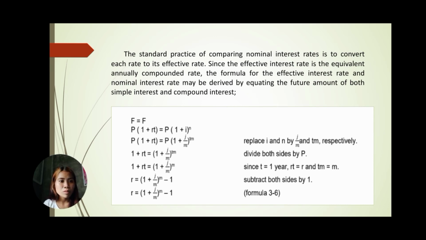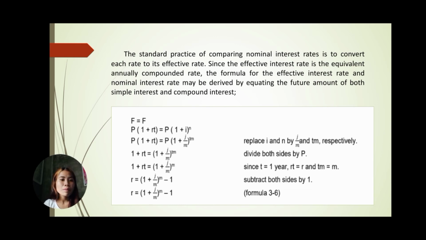Then divide both sides by P to cancel out the principal value. Since t is equal to 1 year, RT in the simple interest formula becomes r, and tm in the compound interest formula becomes m. Then subtract both sides by 1.